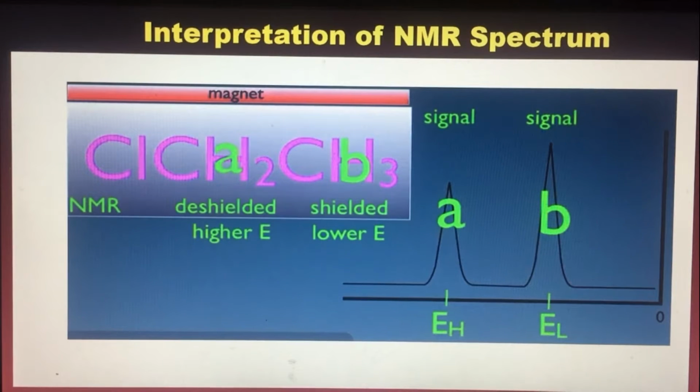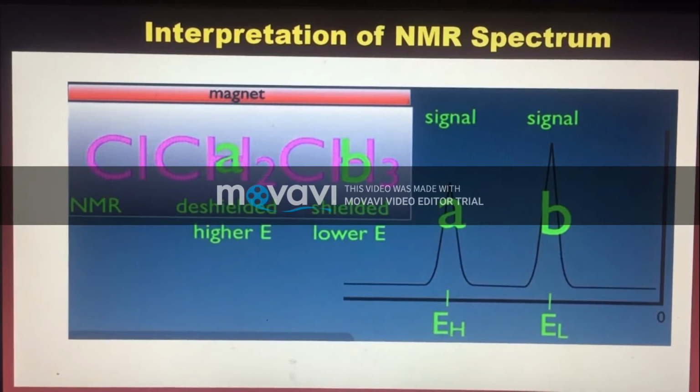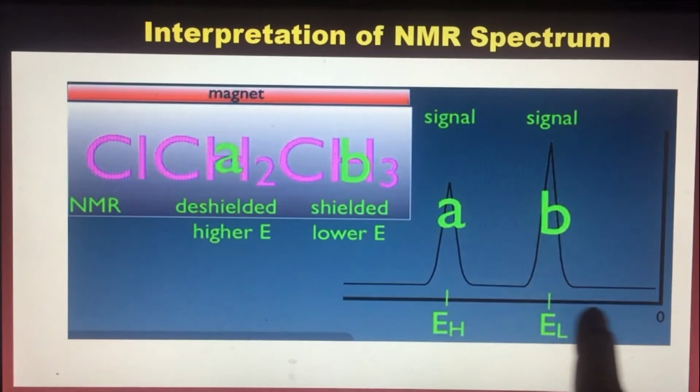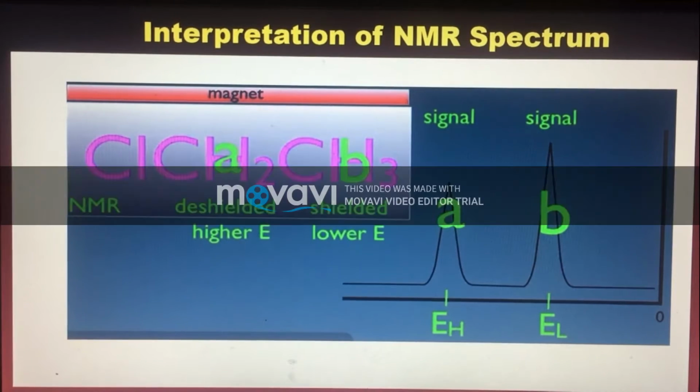So in the NMR spectrum, you can see this is the energy line, and right here this signal is for B. Energy required is less. See right here, this is increasing energy, so this is less, and this is high. That's why we can say what type of atom is present around that atom. From this graph we can know that.